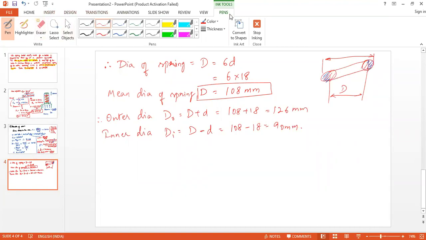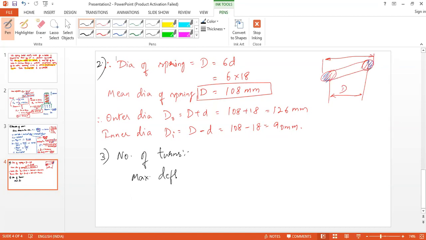Next, we need to find out the number of turns. So number 3 is number of turns. So how to get the number of turns? We have an equation for maximum deflection.